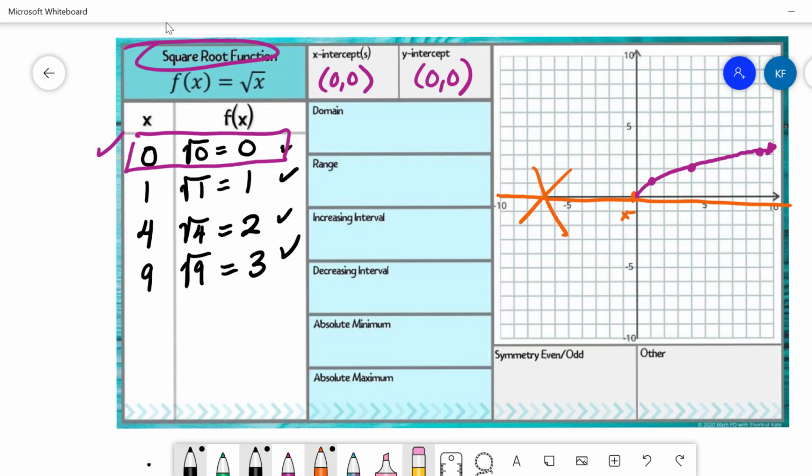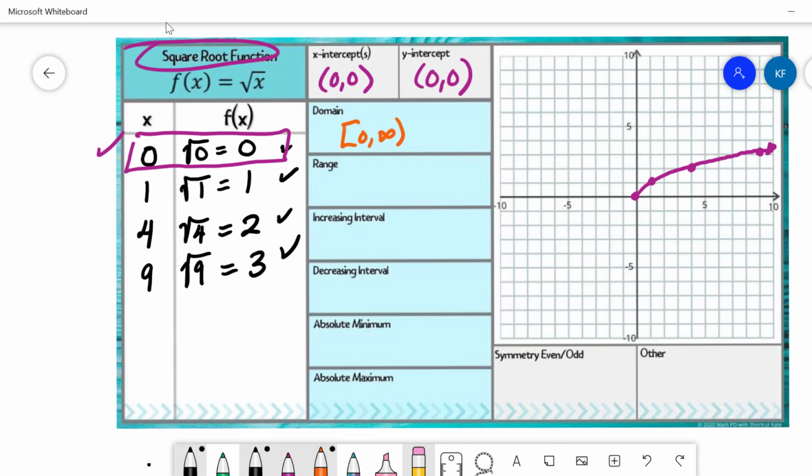And then we're going to include it, and it goes all the way because of the arrow to infinity. So the domain is 0 included to positive infinity.